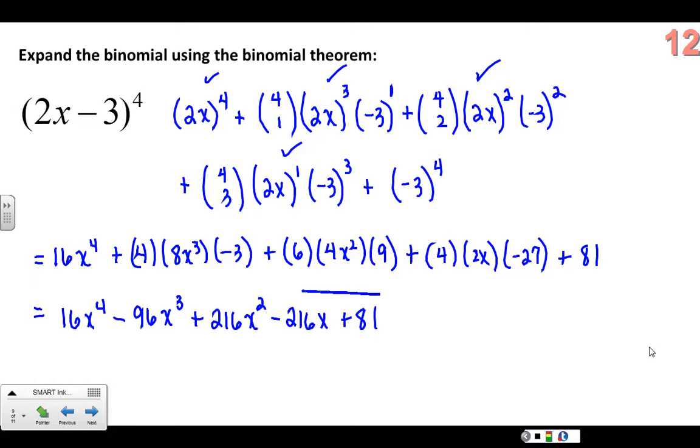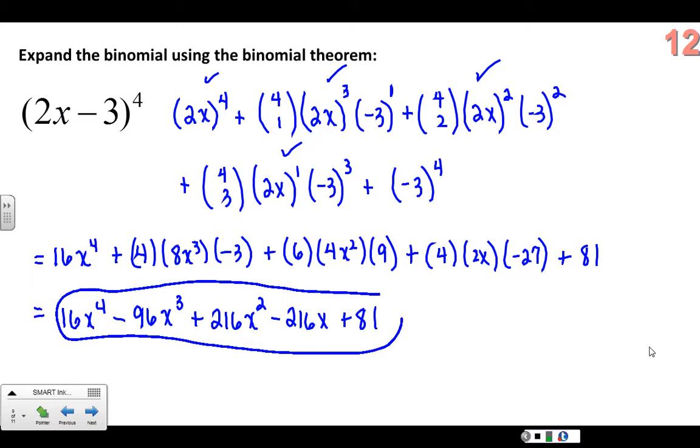So it's a little time consuming, but easier, I think, than trying to FOIL everything or multiply everything out. This is an easier way to go about it.